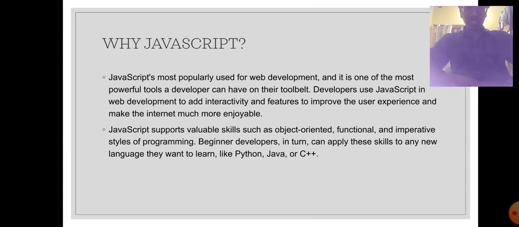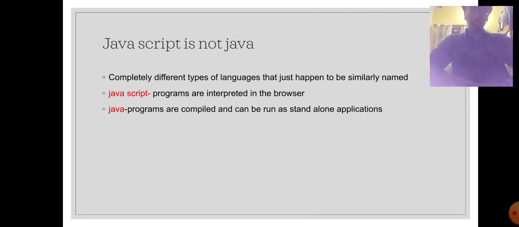And the next thing is that JavaScript is not Java. A lot of people get confused whether JavaScript and Java are the same or not. JavaScript is different and Java is different. There are some key points given here. They are different types of languages that just happen to be similarly named. JavaScript programs are interpreted in the browser.